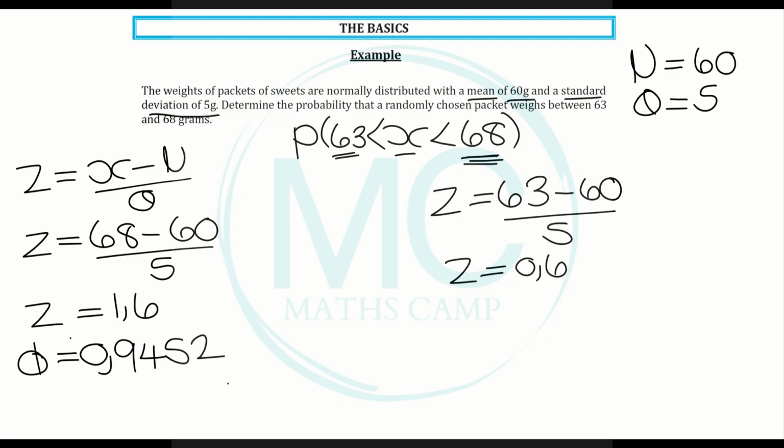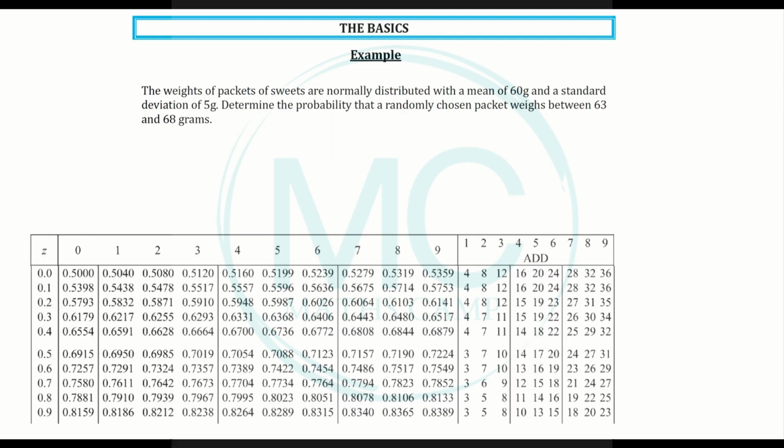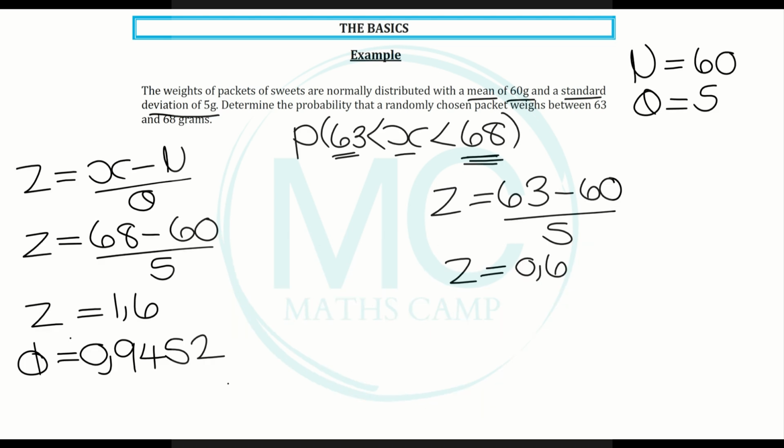Take my distribution table. I have 0,6 over here, and the probability is 0,7257. Probability is equal to 0,7257. To find the probability that x is greater than 63 but smaller than 68, all I have to do now is subtract the smaller probability from the larger one.